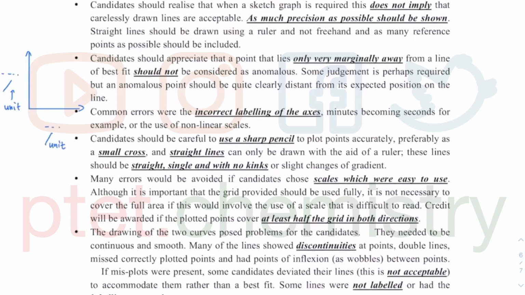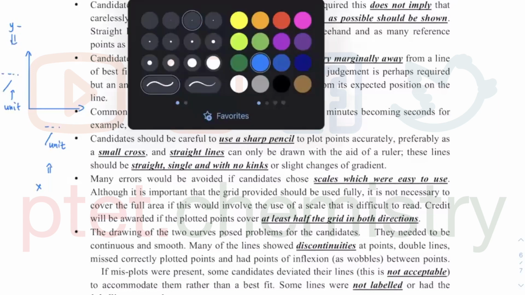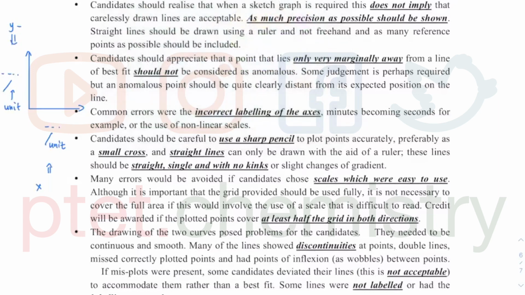All right. So this is the x-axis and this is the y-axis. Do you know which one is the dependent variable and which one is the independent variable? Have you learned about that before? I remember it from IGCSE.